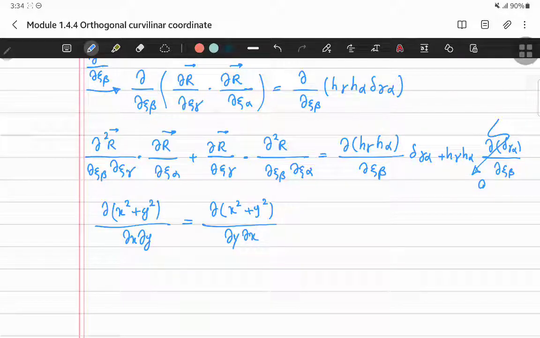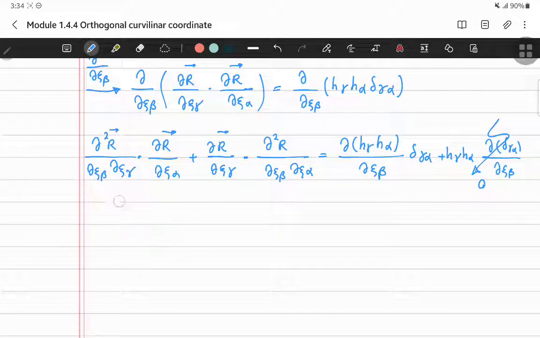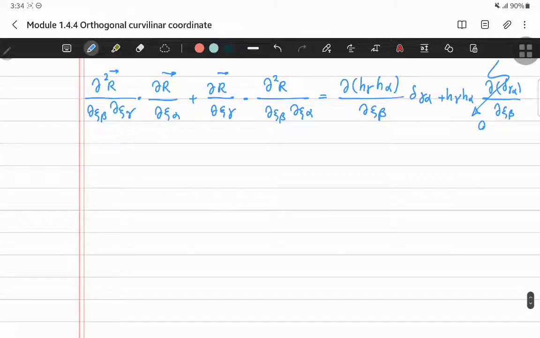The order of differentiation does not actually affect the solution. Therefore, we would like to cycle over these alpha, beta, and gamma.